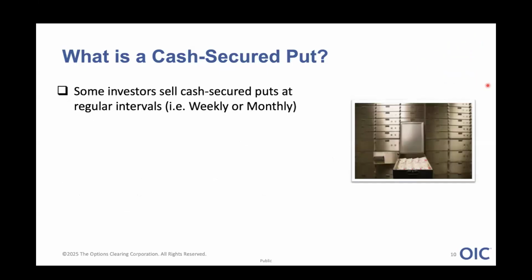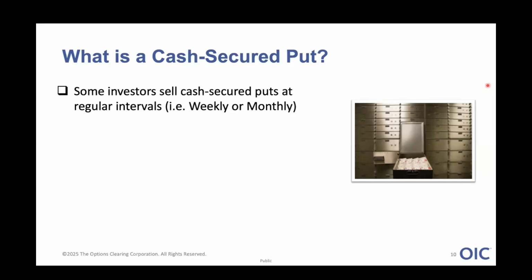So some investors will sell cash secured puts at different intervals, sometimes weekly, sometimes monthly. Maybe there's a particular stock that you want to buy 500 shares of. You could sell various strikes in cash secured puts at different months to kind of leg into a particular position. You don't have to sell 5 puts at one strike. Okay.